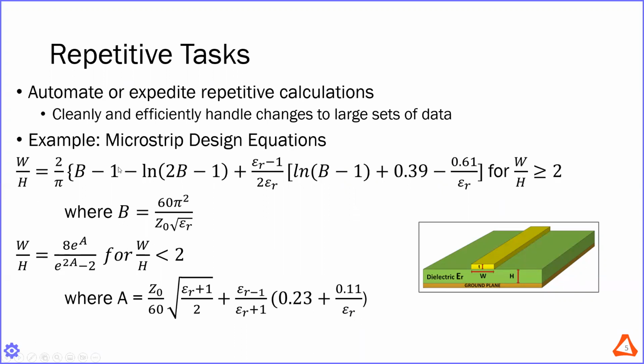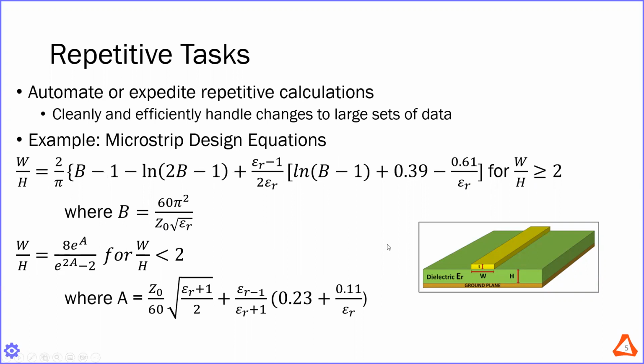So what we have here, you can see this is a really long equation, and then we've got this variable b that makes it even longer. And then what makes this even more complicated is that the width of the conductor related to the height of the substrate, which equation to use is based on the output of the equation, which can become tedious and annoying pretty quick.